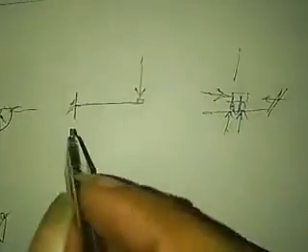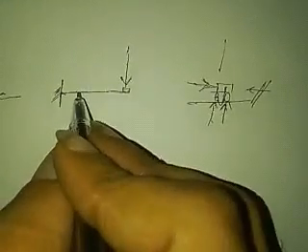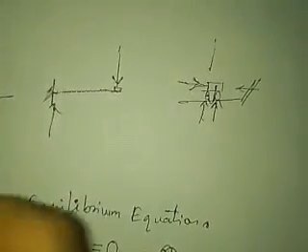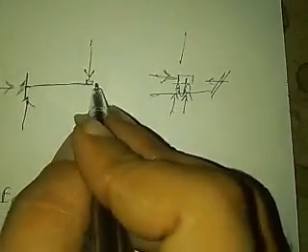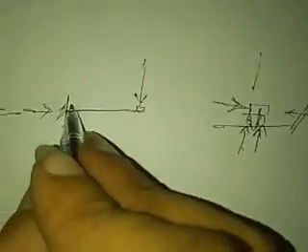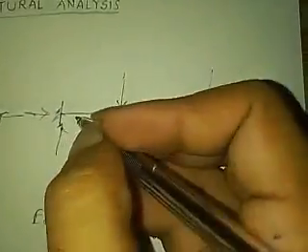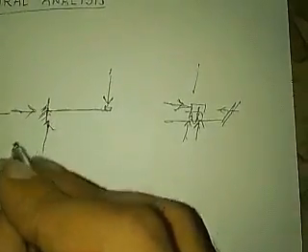See this case. This is a cantilever beam. It can support a vertical reaction, it can support a horizontal reaction. You cannot pull this beam out of the support. It will resist, and it won't go down because this is fixed.